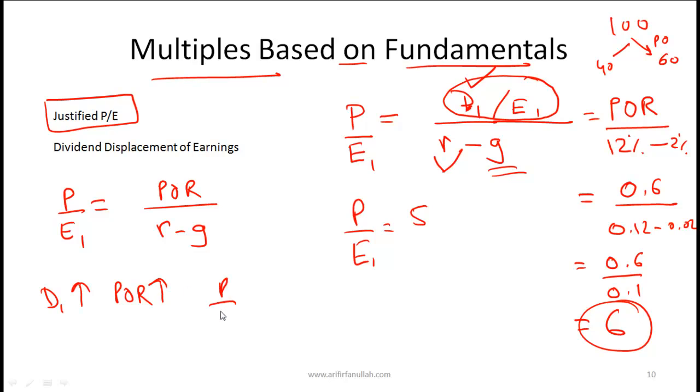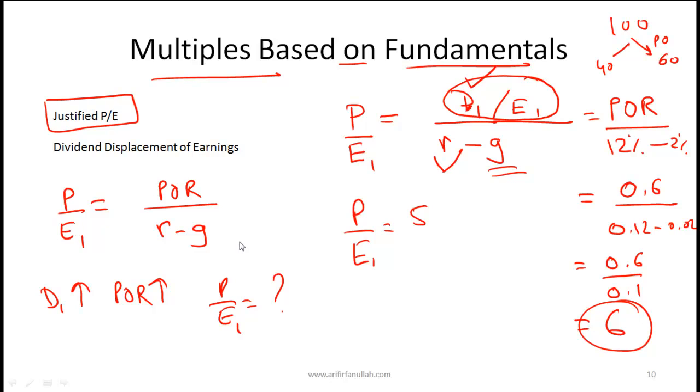Will the PE multiple go up or down? You might quickly be prompted to simply look at the numerator and say that if our payout ratio is going up, then the PE ratio will go up. But that would be missing a point.